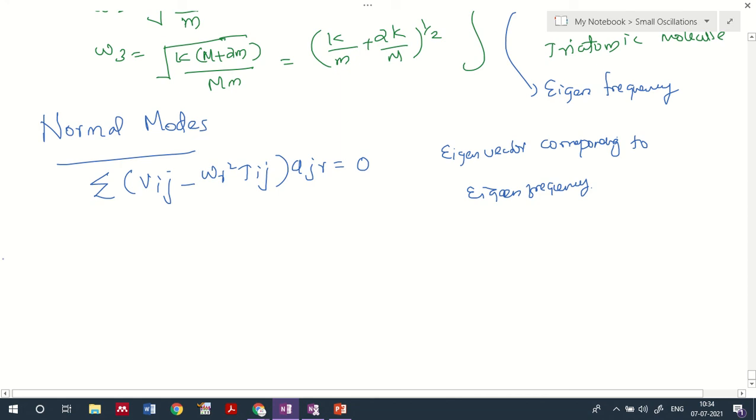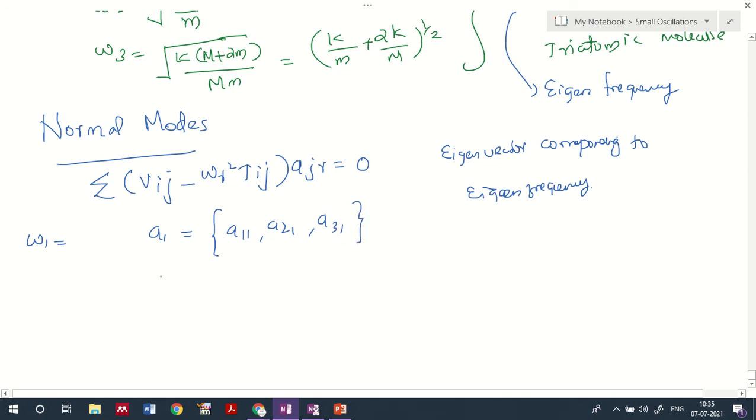And we know that when there is a frequency omega 1, a set of eigenvalues will be there. With one frequency itself, there is a set of n eigenvalues. So I'll just keep a1. A1 is not simply one eigenvector, it is a set of eigenvectors like a11, a21 and a31.